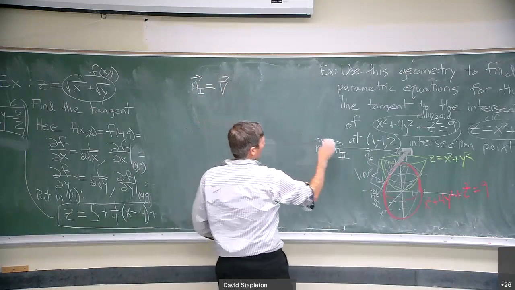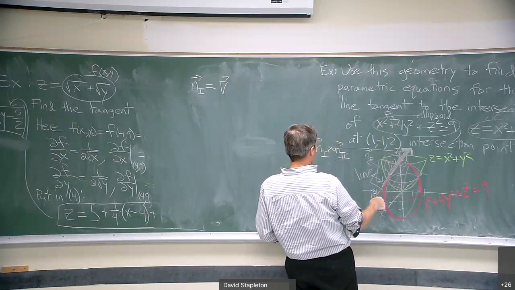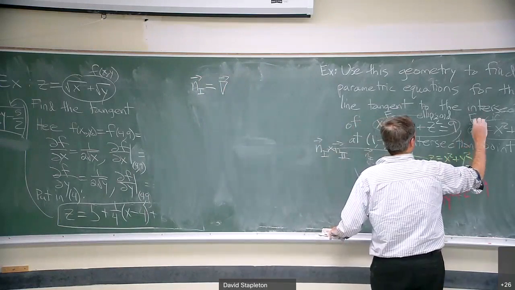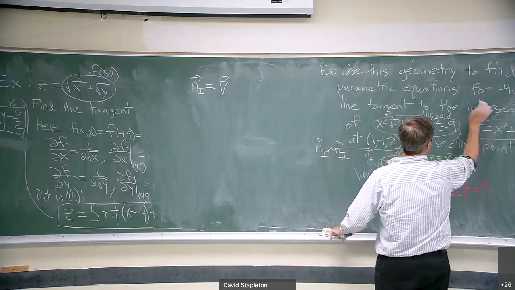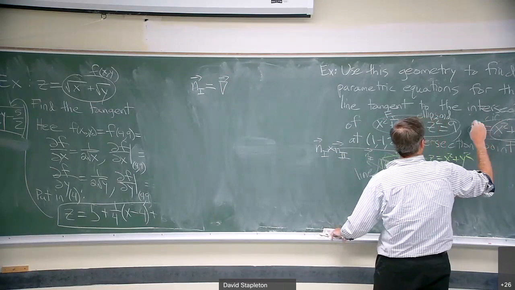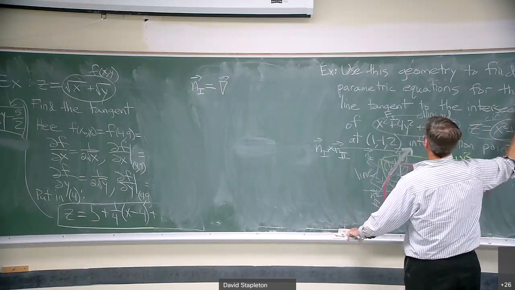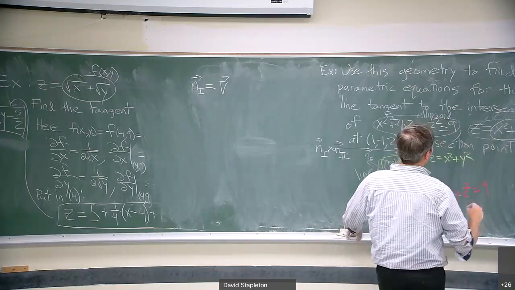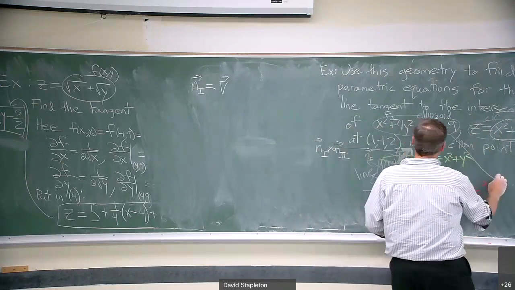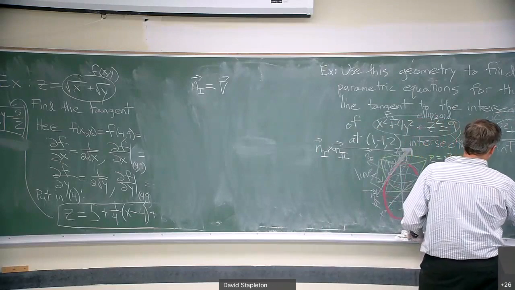Gradient of, if I call this F1, and call this one F2, function. I rewrite this one as x squared plus 4y squared plus z squared minus 9.